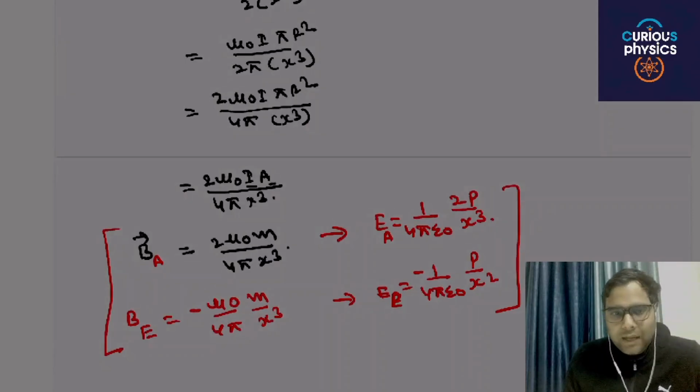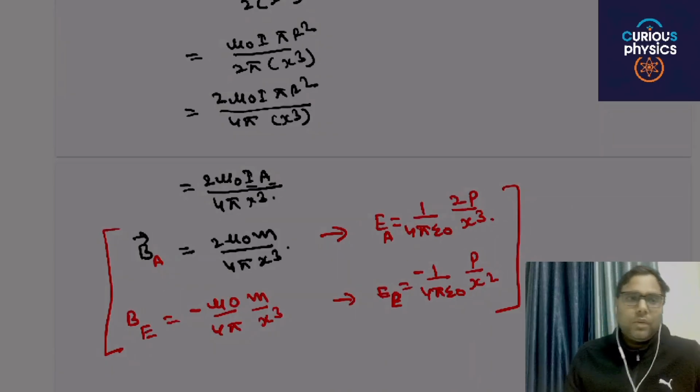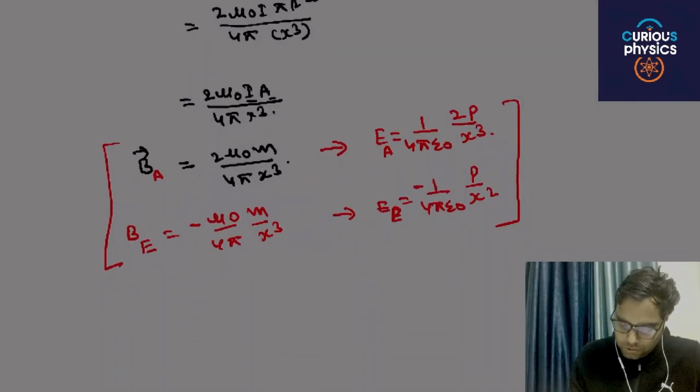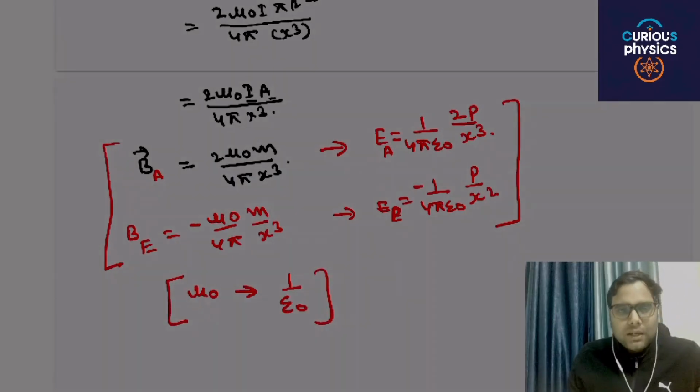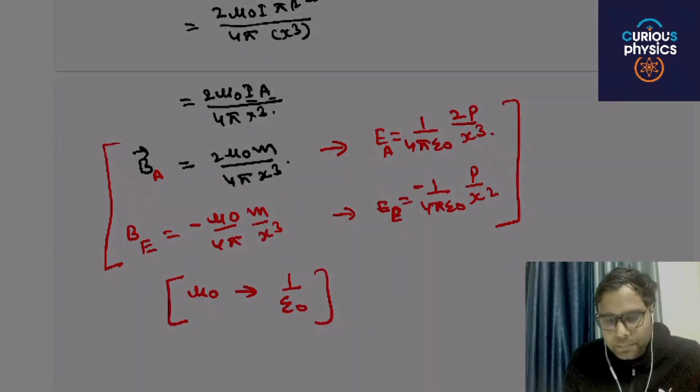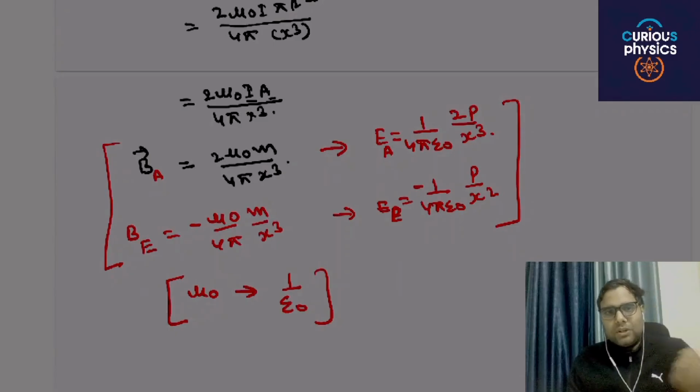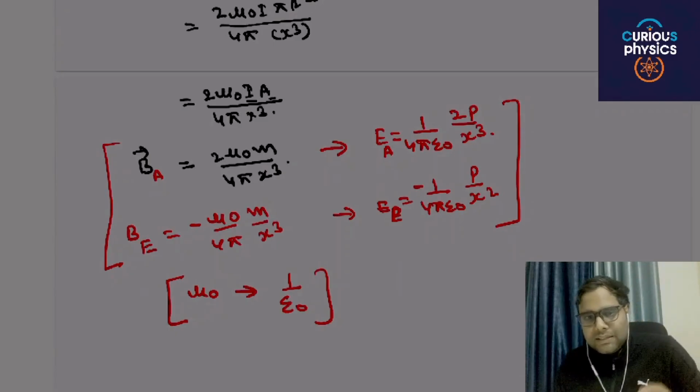M is the magnetic moment and P is the electric dipole moment. Are you able to get my point or not? You can say that mu naught is analogically related to 1 by epsilon naught. This kind of relation will help you memorize all the formulas very easily.